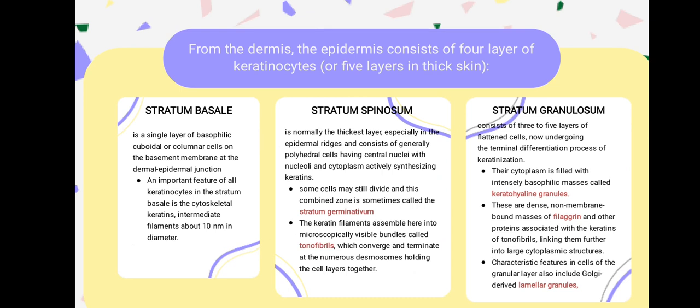These are dense, membrane-bound masses of filaggrin and other proteins associated with the keratins of tonofibrils, linking them further into large cytoplasmic structures. The characteristic features in cells of the granular layer also include the Golgi-derived lamellar granules. So in our stratum granulosum, cells are flattened, organelles are deteriorating, and the cytoplasm is full of granules. Later on, there would be a representation of this.